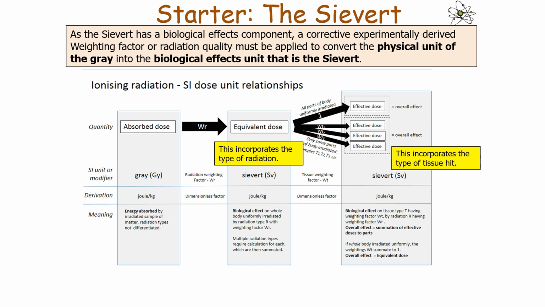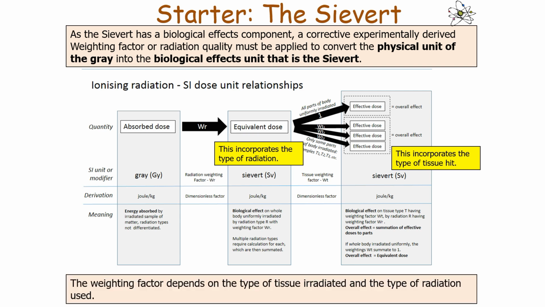We've got our absorbed dose, which is the Gray, but when we incorporate our radiation weighting factor, which links into the type of radiation used, and the tissue weighting factor, caused by where that radiation hits, it will turn your Gray into the sievert.